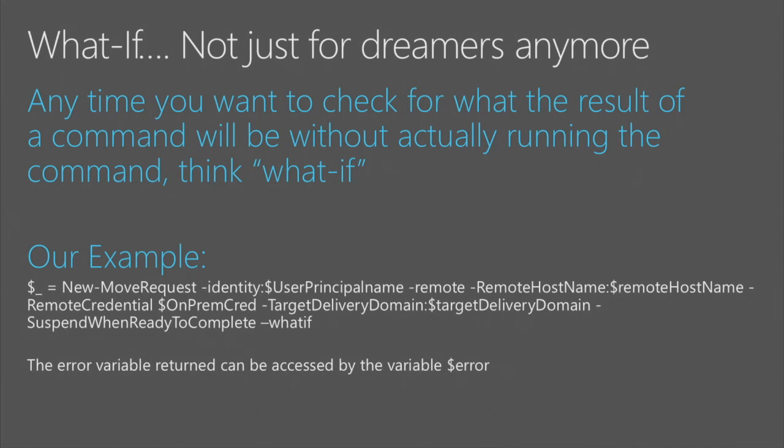You'll see that I precede that with a $_ and then you can access that error variable that's returned with the variable simply called $error, which is one of those reserved variables that you can only use in this context. So majorly applicable. There's a specific instance of this, but think, hey, I want to be able to test if this would be successful later or not. Use the -WhatIf. And with that, I'm going to hit some questions here in just a second.